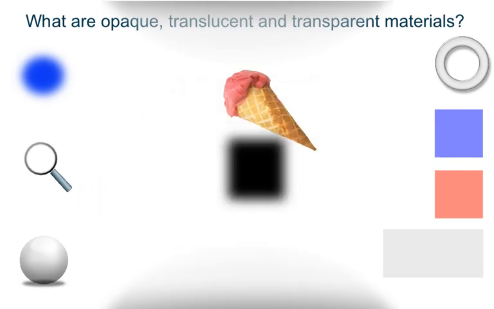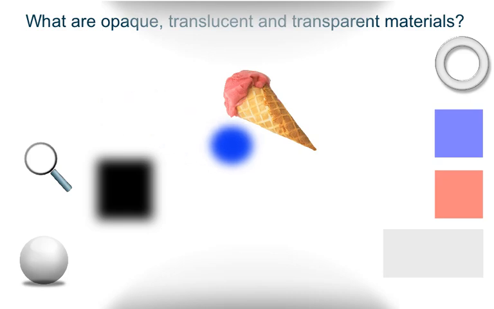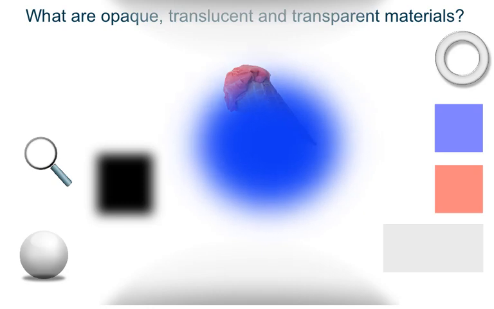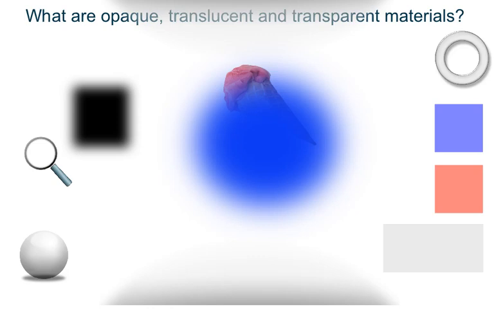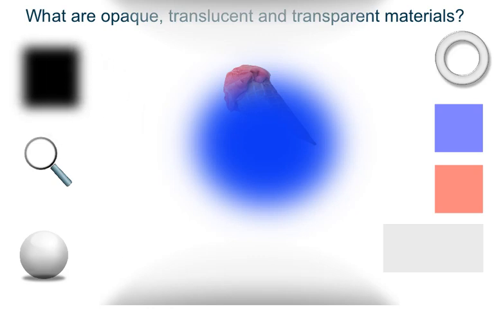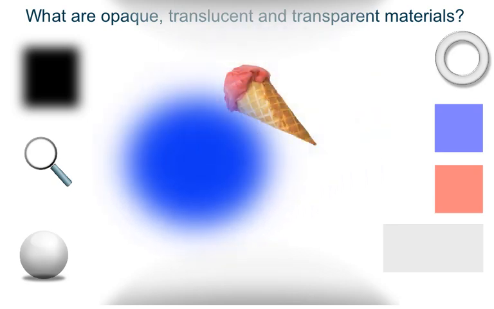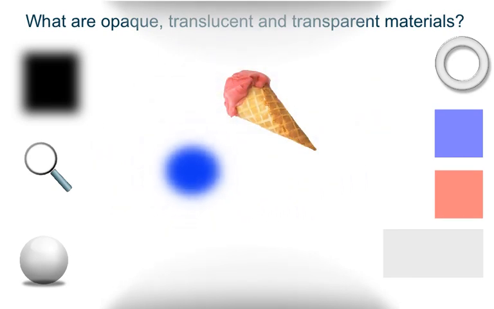And I can change this to other colors as well. Again, you cannot see the object very clearly when it is placed behind a translucent object. The blue part here is a bit translucent, so you cannot see the ice cream cone very clearly when it's placed behind the blue circle.